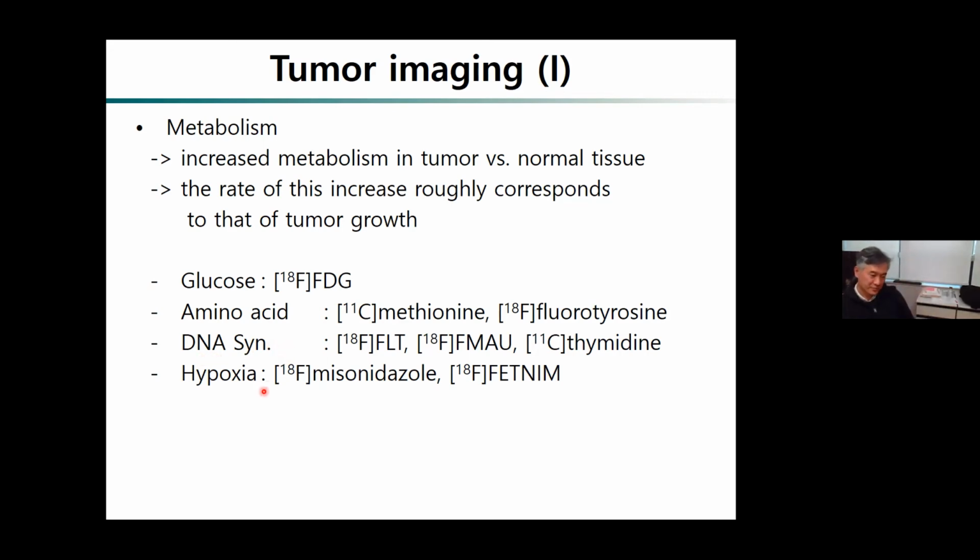And sometimes tumor tissue cannot get oxygen from the blood vessel, so some part of the tumor tissue can exist in a hypoxia stage, low oxygen concentration, that can be visualized with the F18 labeled FMISO.